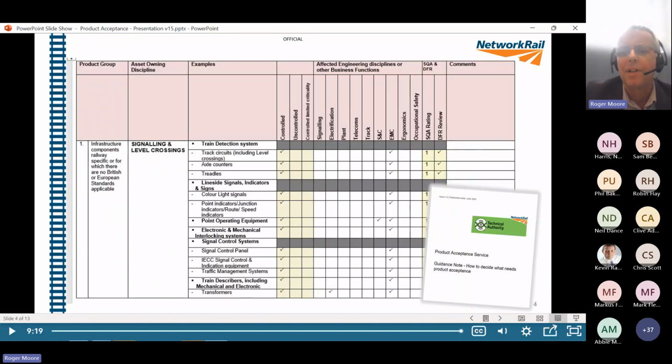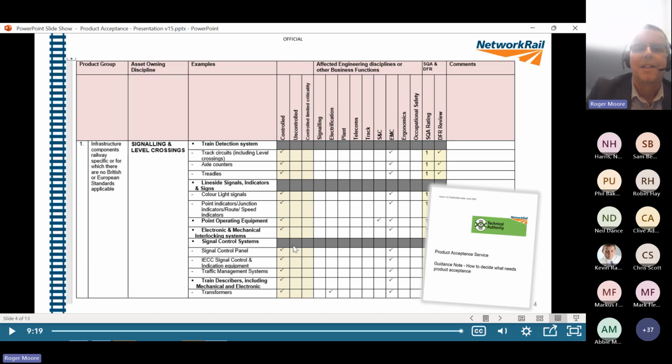We have various guidance notes, as the video mentioned. One of them is quite a long list of items or categories of items which basically tell you whether they require acceptance or not. And those that are listed as controlled, as mentioned earlier, all require product acceptance.